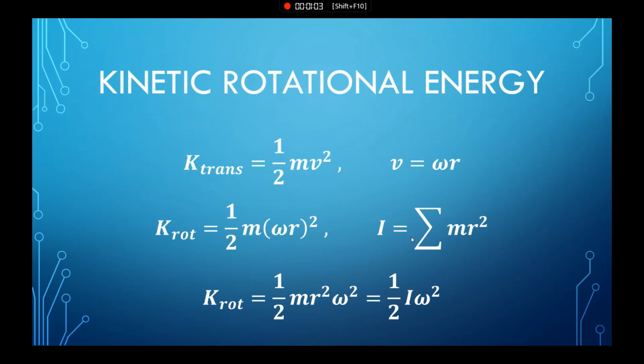If I substitute that back in, then my inertia would be the sum of each mass times its distance from an endpoint. And we can sub that in as well. So this will become our rotational kinetic energy, equal to 1/2 of our rotational inertia times our angular velocity squared.